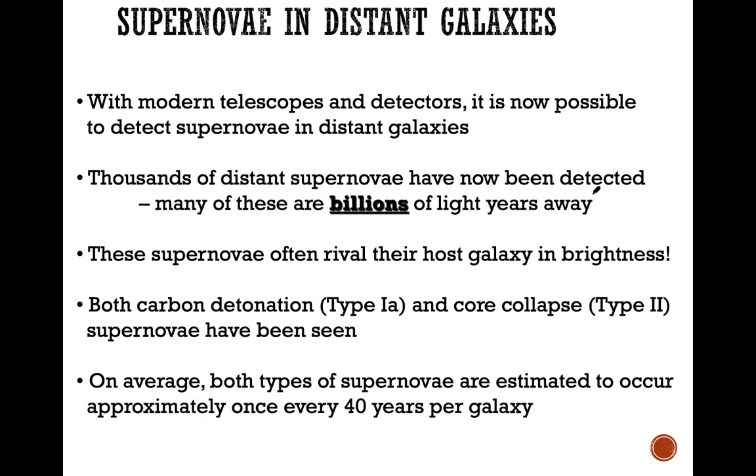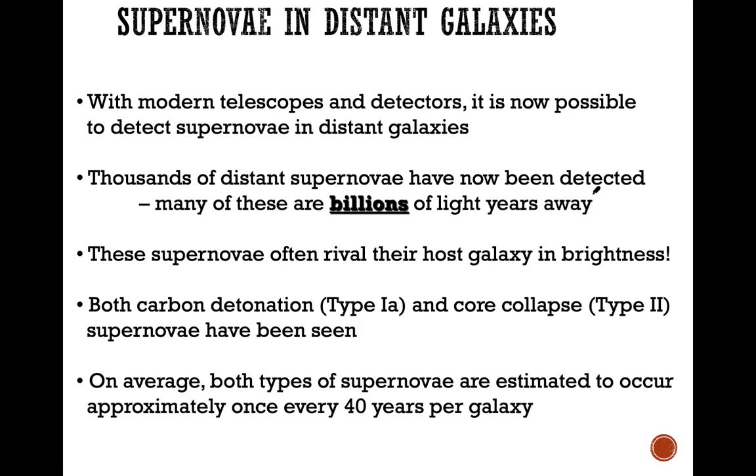Once you have a supernova, it will be very bright compared to its own galaxy, so it can even overcome the brightness of the galaxy, right? And we have detected both carbon detonation type 1a and type 2 supernovas, but these are very far away.